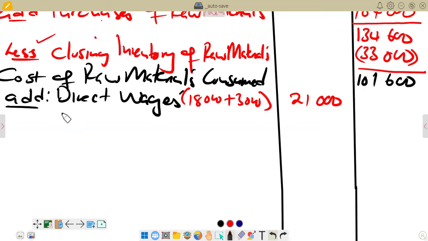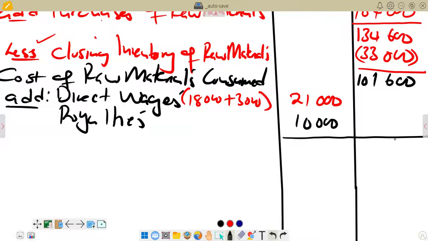So now we can add the two: 21,000 plus 10,000, you get your 31,000. You add it to your cost of raw materials consumed, which is 101,600, and the answer that you're going to get is 132,600.